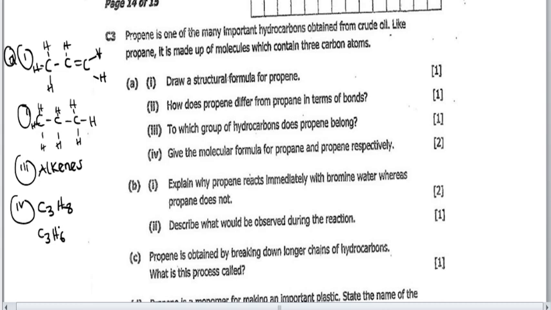Explain why propene reacts immediately with bromine water, whereas propane does not. The reason why propene reacts immediately is that propene has a double bond which is broken to form new bonds with bromine. So it reacts because of the double bond.